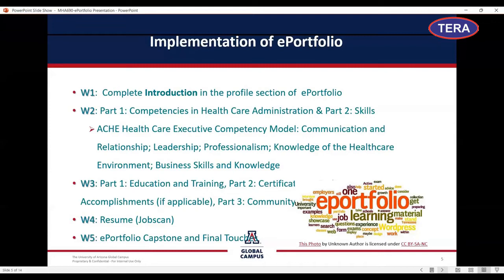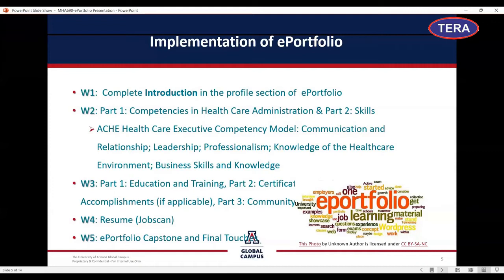In week 2, students are required to upload their previous schoolwork as evidence of their competencies in healthcare administration based upon the American College of Healthcare Executives competency model using 5 competency domains.